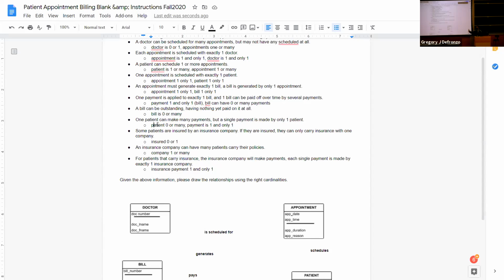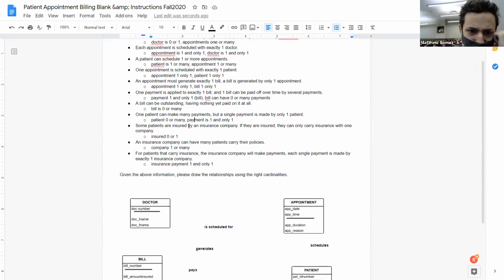Otherwise, Matt makes a payment and it goes against my medical record. He's not going to get credit, and there's no way to determine that. So that's why you want to make sure that is a unique relationship. So that's why the patient would be zero or many, but the payment itself is one and only one.